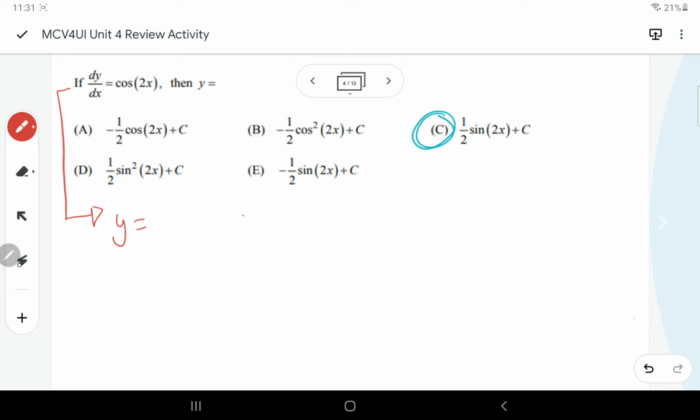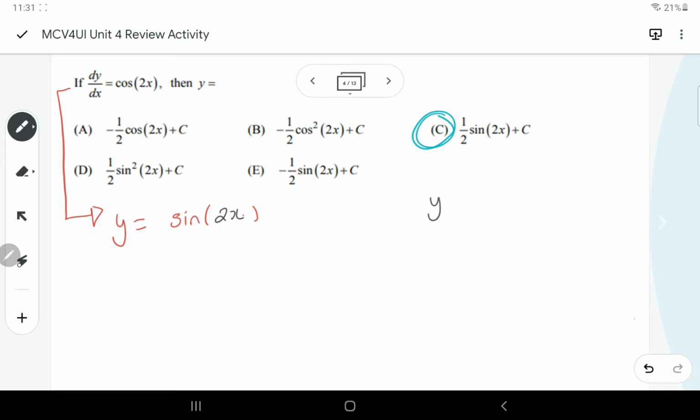We know that the derivative of sine is cos, so it's going to be sine of something. When I take the derivative of sine, I don't change the angle, so whatever angle I ended up with in my derivative would have been the starting angle. So that'll be sine of 2x.